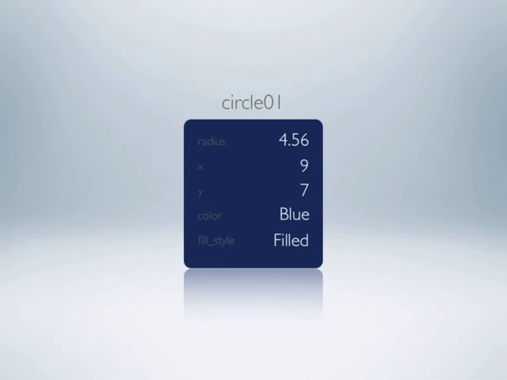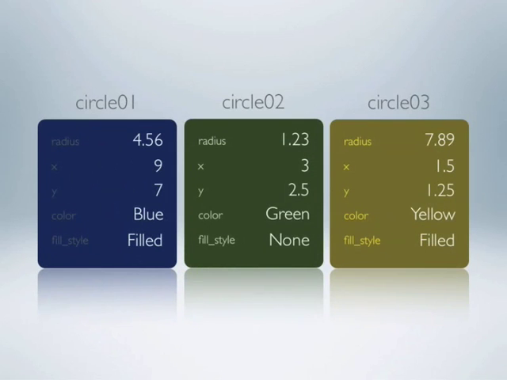If we were to then extend this a little bit and think about it in terms of, again, having multiple circles on a page, if we take this object and give it a more specific name, circle 01 for example, then if we had three objects, three circles, it wouldn't be nearly as daunting a task to keep track of all their different values. We would have the radius, x, y, color, and fill style for circle 01.